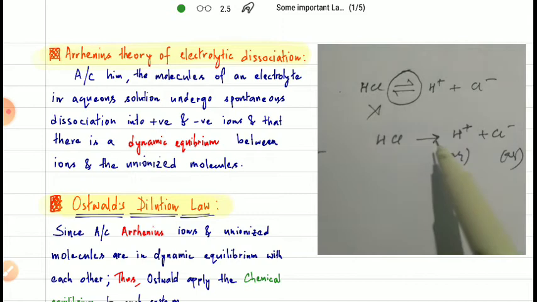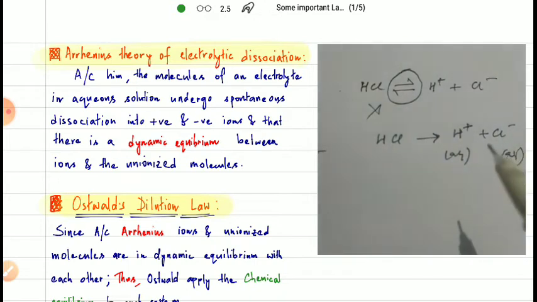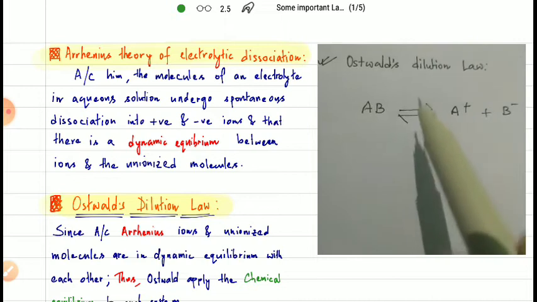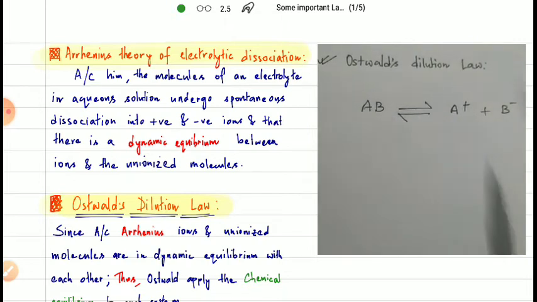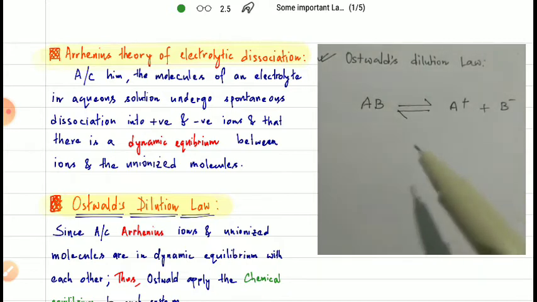So this is a fast process, and there will be no reversible reaction. No reversible reaction means no equilibrium. So we use that equilibrium concept only in weak electrolytes. Remember this point: weak electrolytes means weak acids and weak bases.